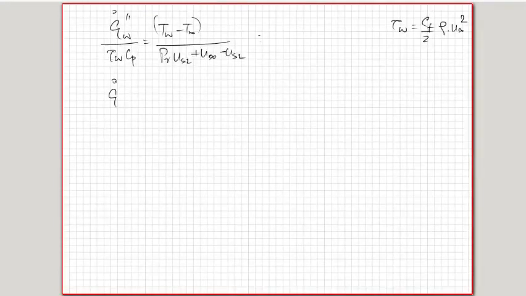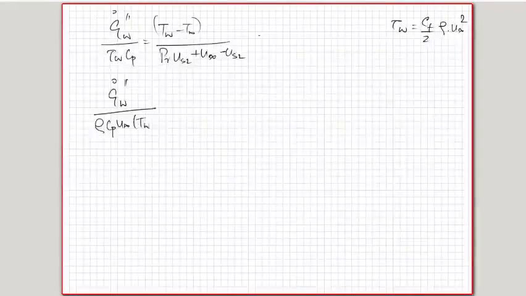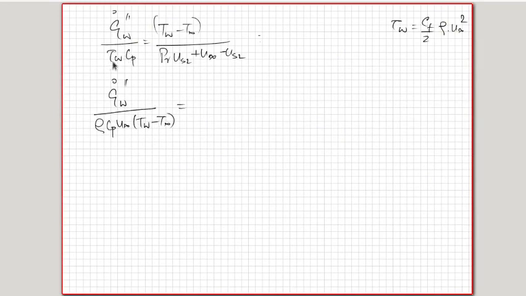So Q dot double prime wall divided by rho CP U infinity into T wall minus T infinity would actually be equal to, so this T wall minus T infinity has come this side, the CP is already there. So I just have to write rho U infinity.